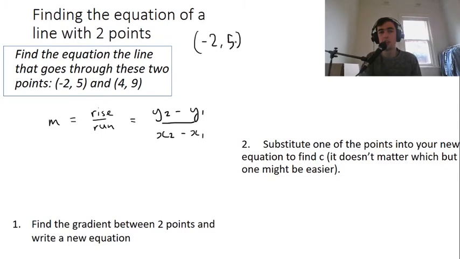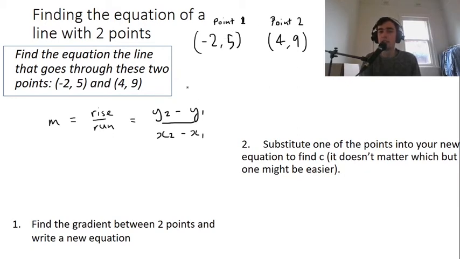To do that, you can write down the coordinates of the points, and you can say this is point 1, and this is point 2. So hopefully, it doesn't matter which point you choose as point 1 and point 2, by the way.